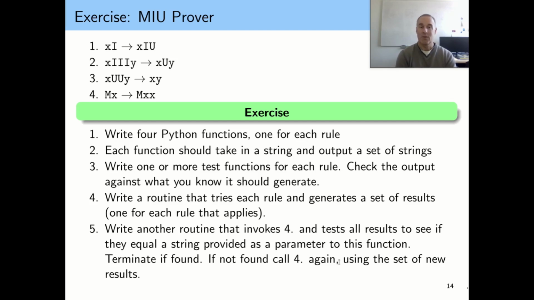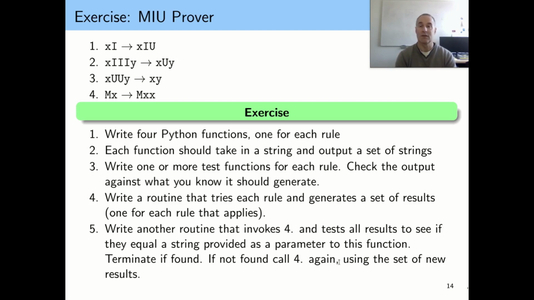Okay, for step 4, we're going to need a routine that tries each rule and generates a set of results. Remember, every derivation starts with mi, and we'll have a target that we want to get to, and we're going to keep generating possibilities. We're essentially elaborating a tree.